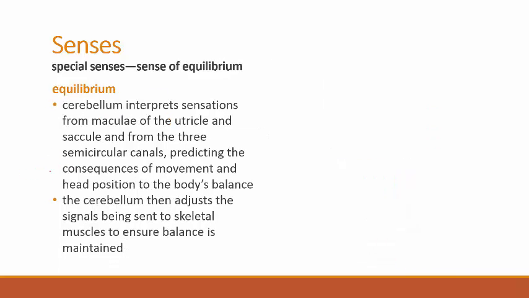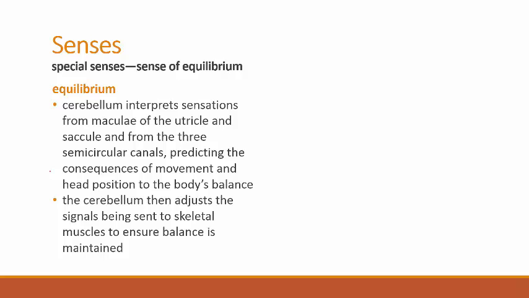So the job then of the cerebellum around equilibrium is to interpret all the information that's coming from the maculae of the utricle and the saccule, and from the crista ampullaris of each of the three semicircular canals, and then use that to predict the consequences of our body's movement, so that we can then get muscles contracting to maintain body position even though all that movement is occurring.